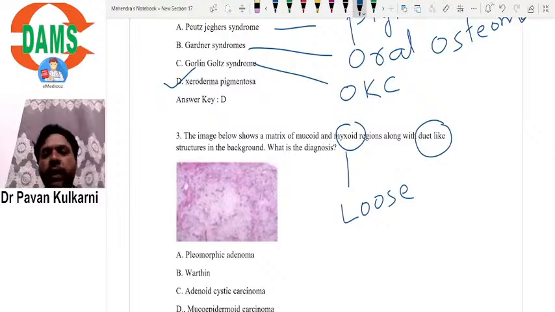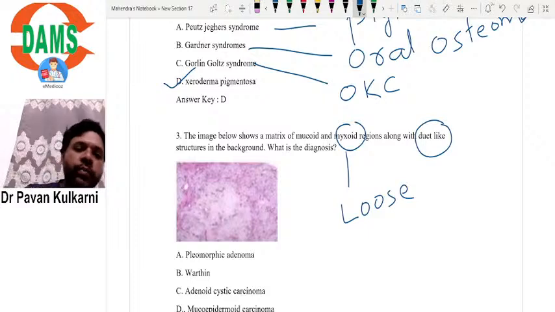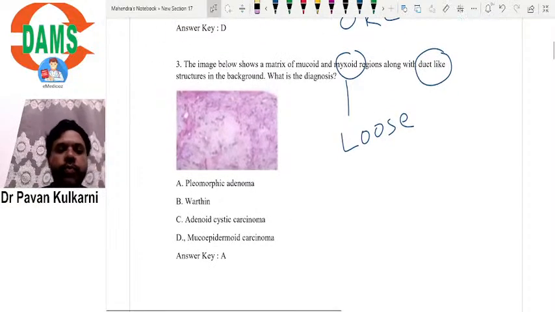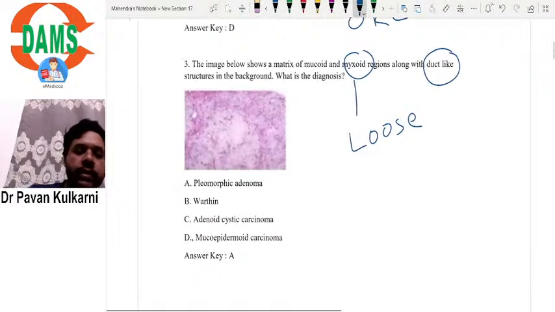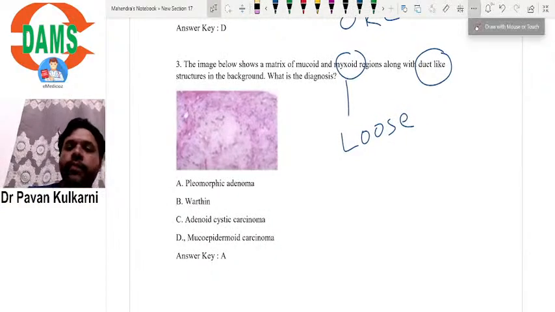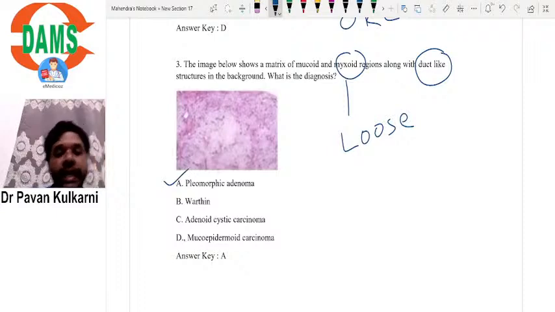In particular, one condition where you see these loose myxoid areas is pleomorphic adenoma. So pleomorphic adenoma is the correct answer here.